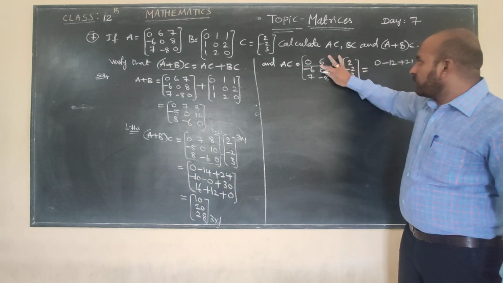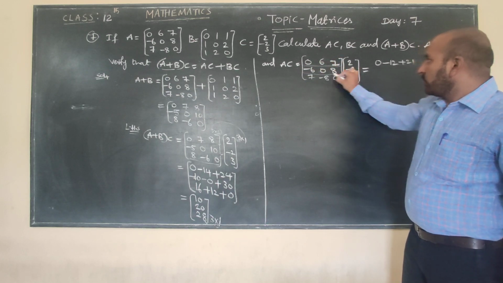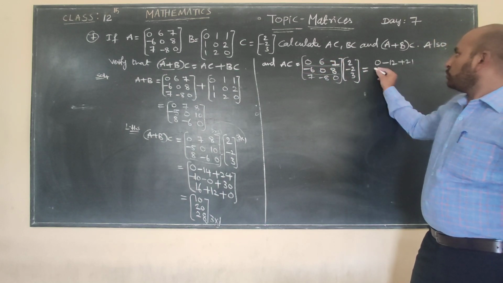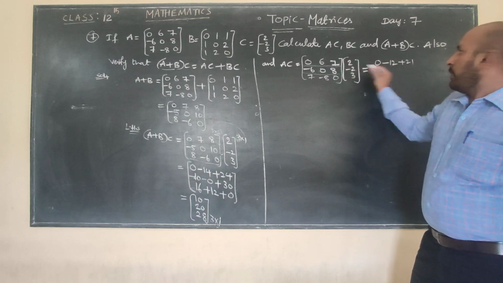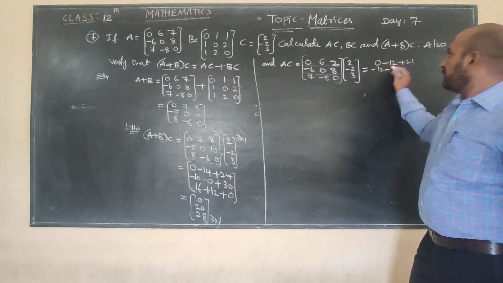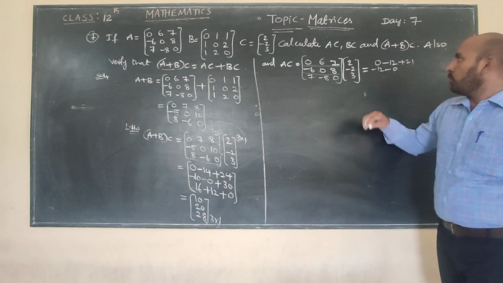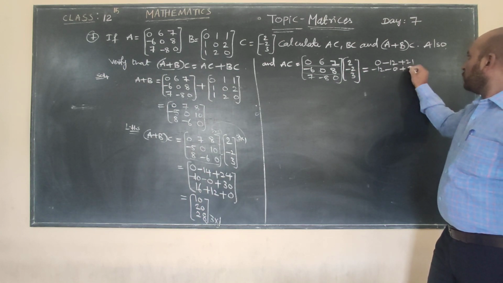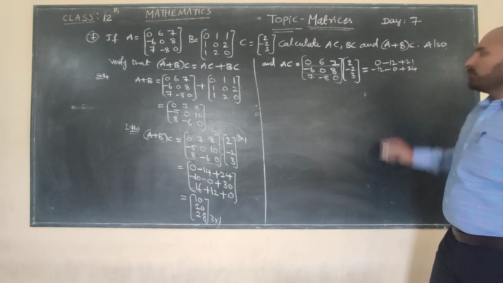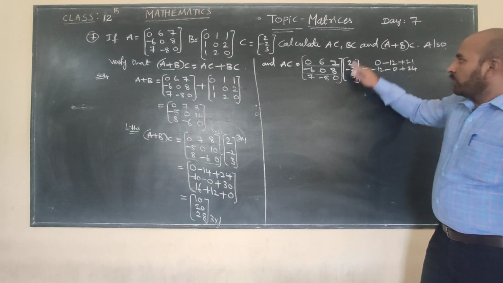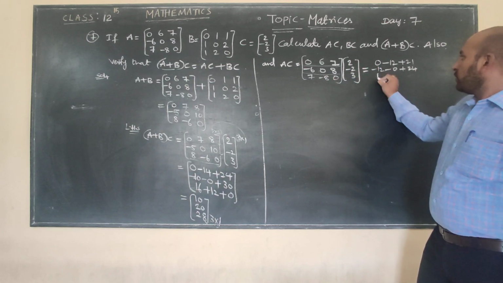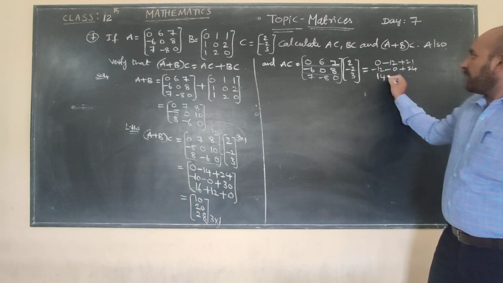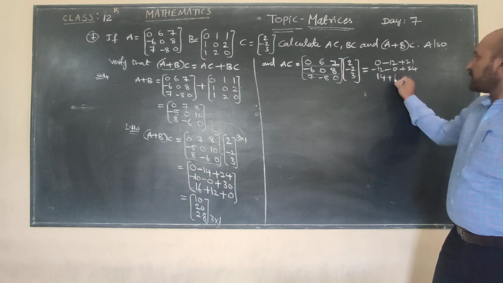Now the second row elements: minus 6 into 2 is minus 12, 0 into something is 0, plus 8 threes are 24. Now the third row elements of the first column: 7 twos are 14, minus into minus, plus 8 twos are 16, plus 0 into something, 0.